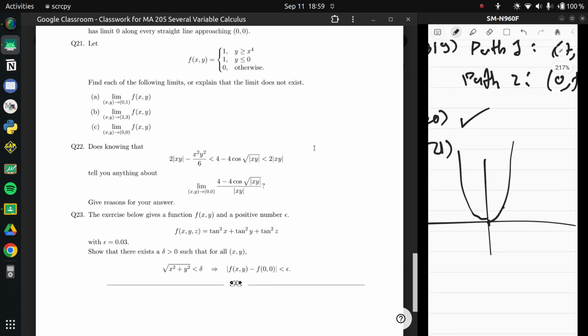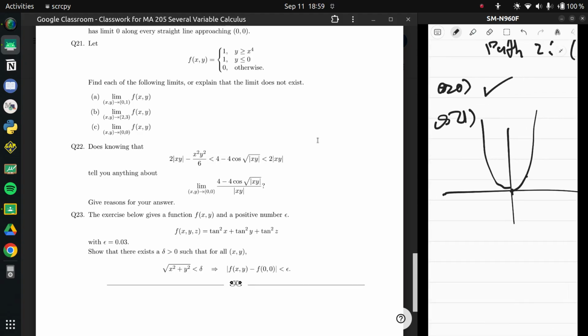So everything above that, it's 1. Everything below y less than or equal to 0, it's 1. And so these boundaries are actually inclusive of that, and everything else is like 0. So all of this is just 0. So this whole block is there, this whole block is there, but this is 0.